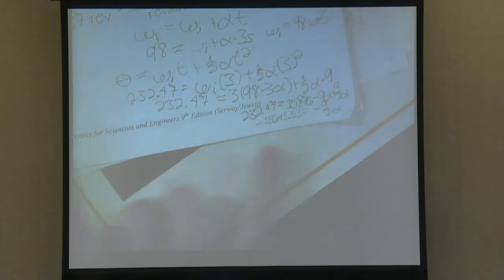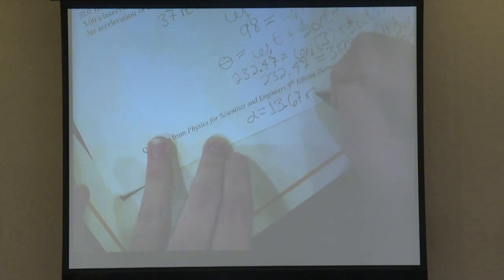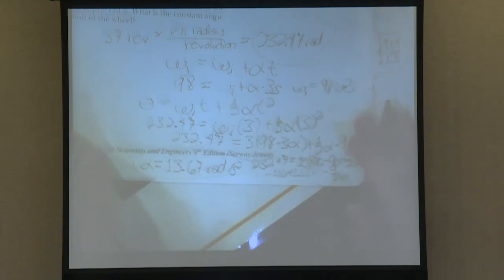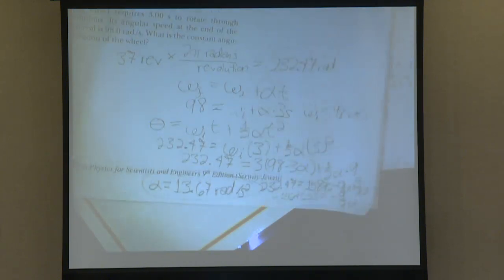And then when you solve for alpha in that case, what you should get is that alpha is equal to 13.67 radians per second squared. Okay. Also, if you can't see what I'm writing, I'll leave this up here at the end so you can.